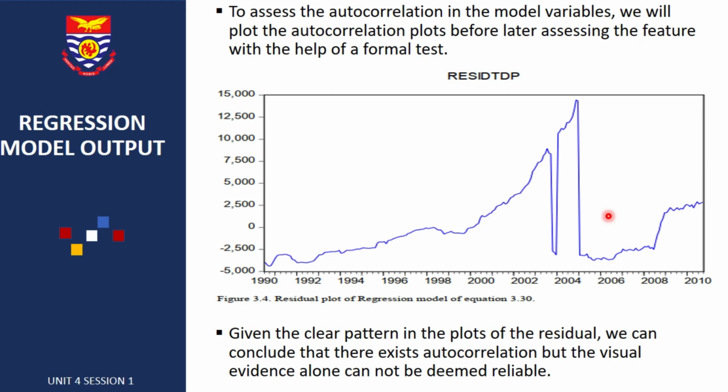Some of the tests can handle higher order autocorrelation, and some can handle only lower order. But in the next session, we are going to consider the Durbin-Watson, that is the DW test, and the Lagrange multiplier of the Breusch-Godfrey.